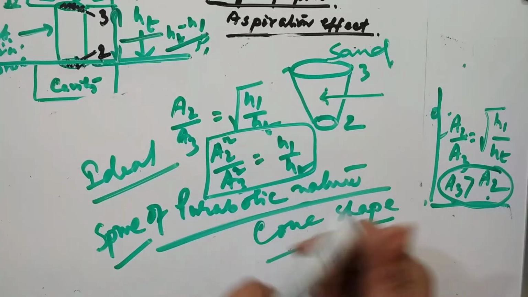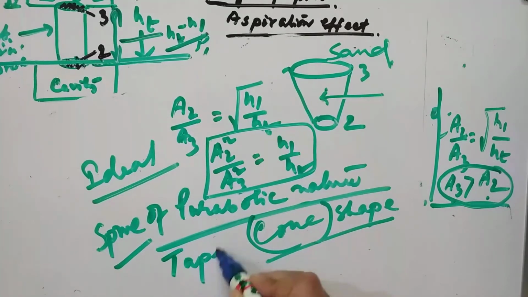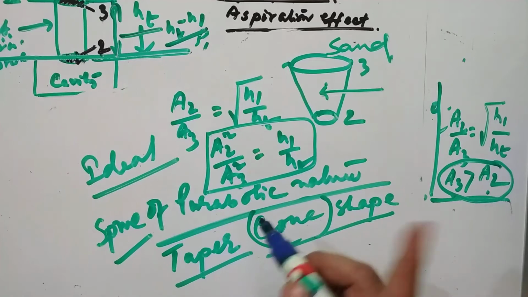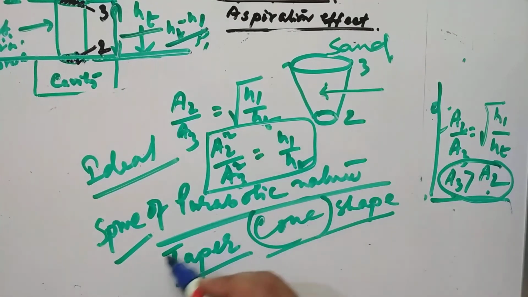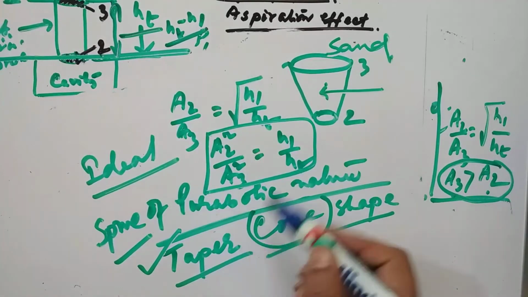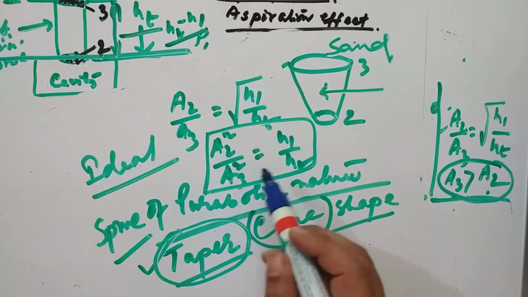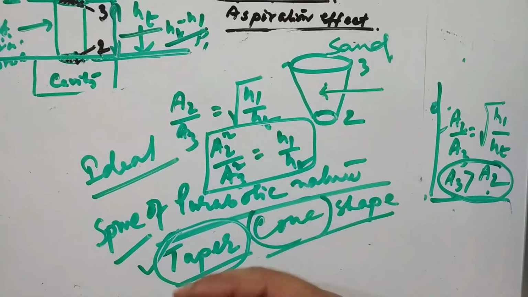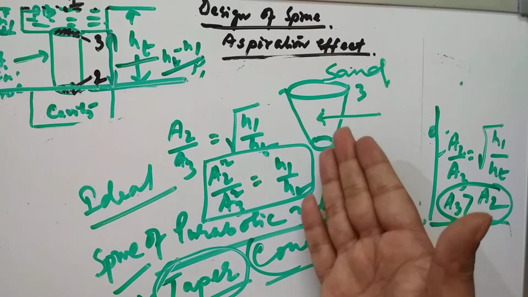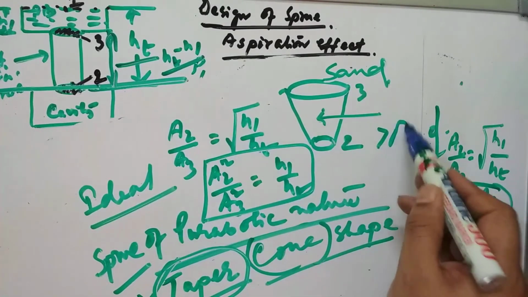Now this cone shape is better, I can say taper, because in technical language, in mechanical engineering, we generally use the term taper for this cone type of shape. So in practice, we generally design the sprue as taper shape to avoid aspiration, that is, to keep the pressure everywhere inside the sprue greater than atmospheric pressure.